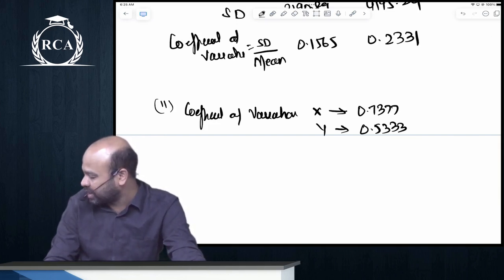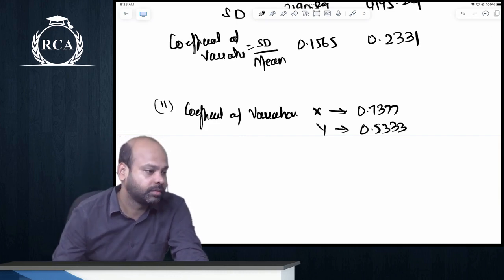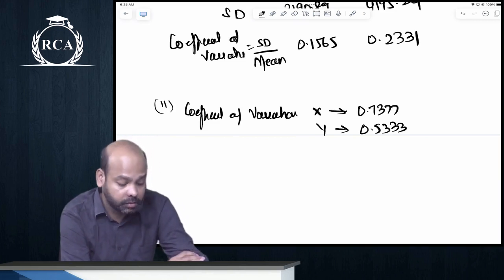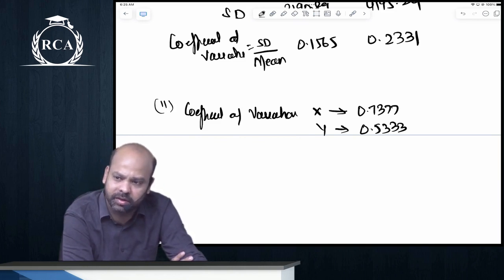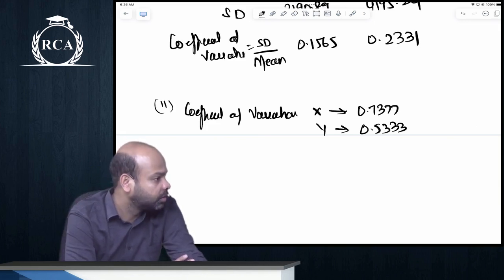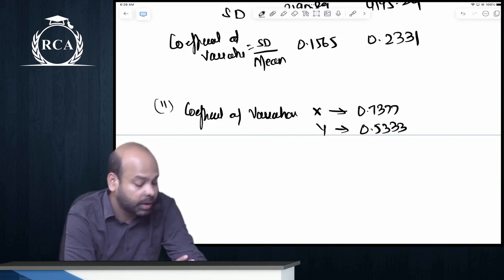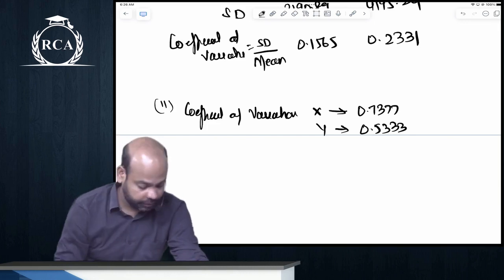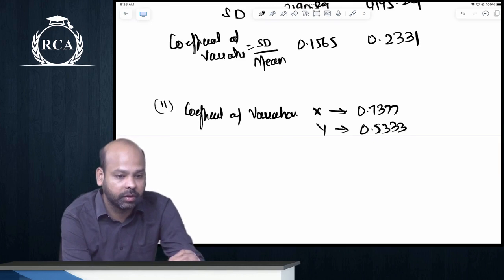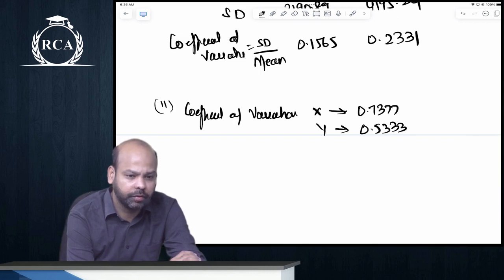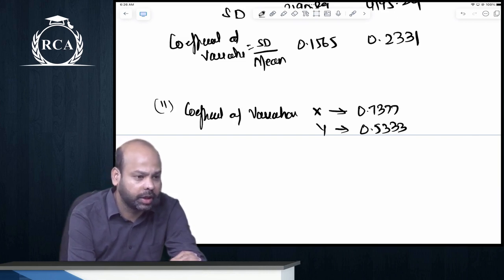We should take decision on the basis of coefficient of variation.